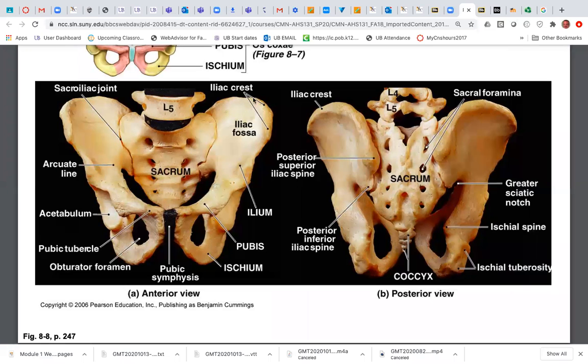When you follow this to the front, right here, this little bump would be the anterior superior iliac spine, but down here would be the anterior inferior iliac spine. When we look at it from the posterior, we follow the iliac crest to the back. That first big bump is the PSIS, posterior superior iliac spine, and then below that, posterior inferior iliac spine.